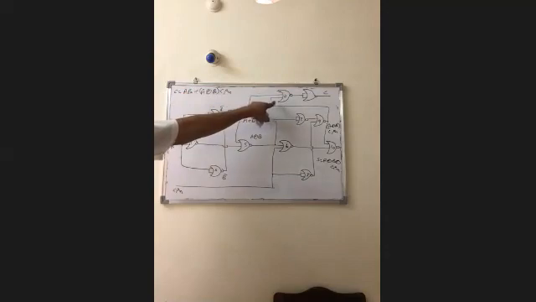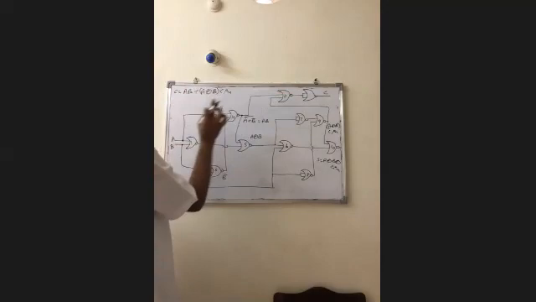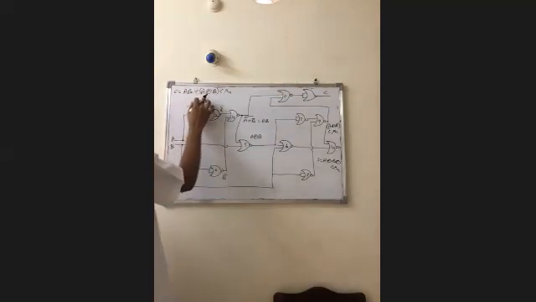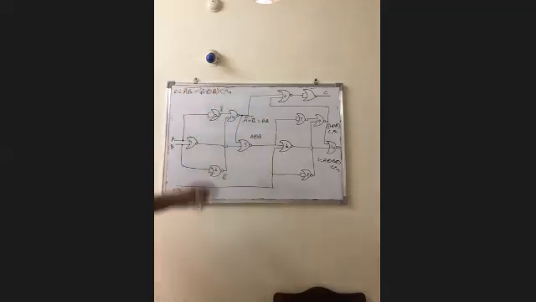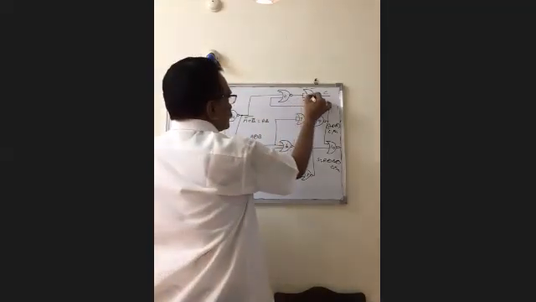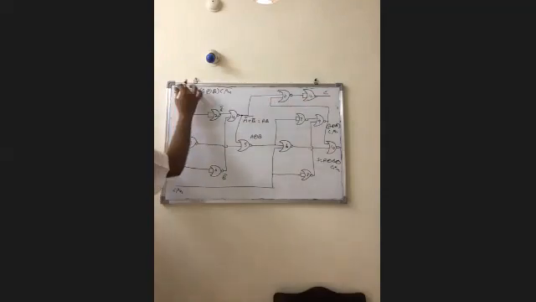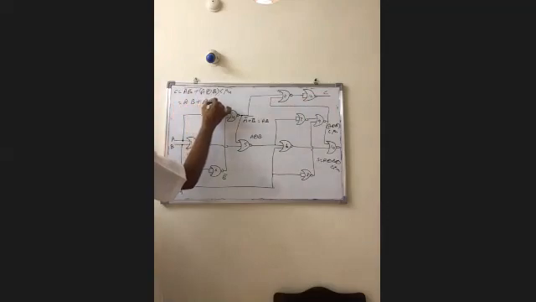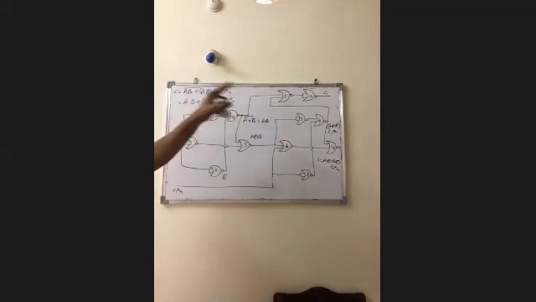So the 11th gate output is equal to AB plus A exclusive OR B multiplied by Cin, whole bar. The 12th gate output is obtained by simply removing this complement: AB plus A exclusive OR B multiplied by Cin is the 12th gate output.